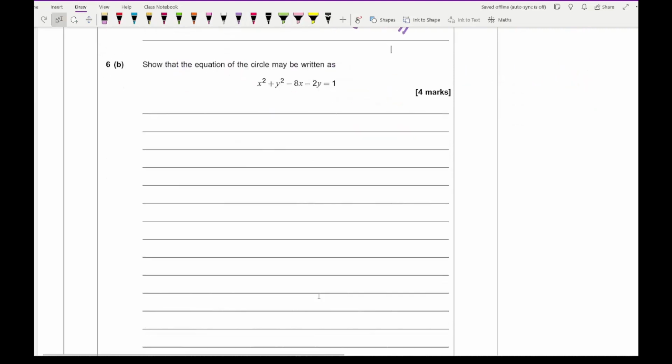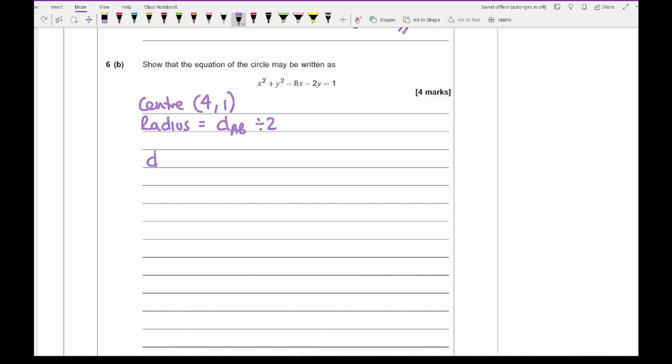It then says for 6b, show that the equation of the circle may be written as x squared plus y squared minus 8x minus 2y equals 1. So for this we know that the centre is at 4, 1. So what I need to do is work out the radius. Now the radius is basically the distance AB divided by 2.